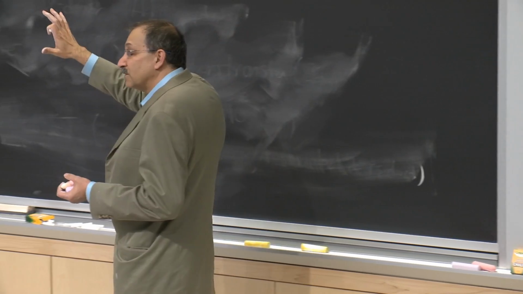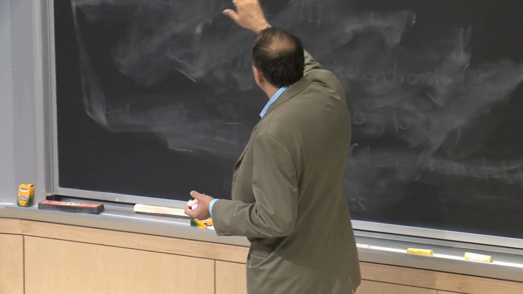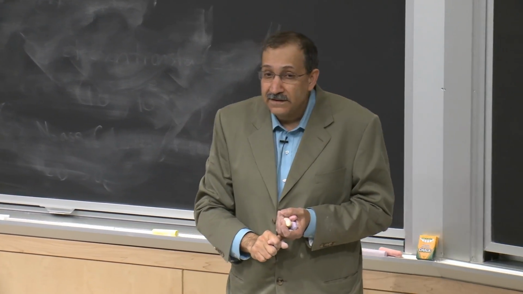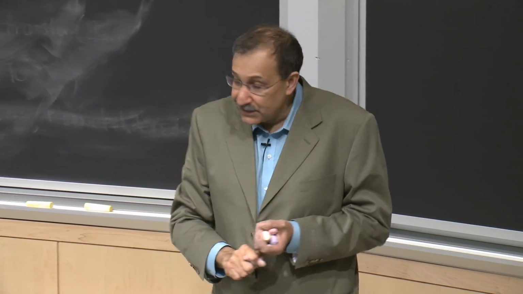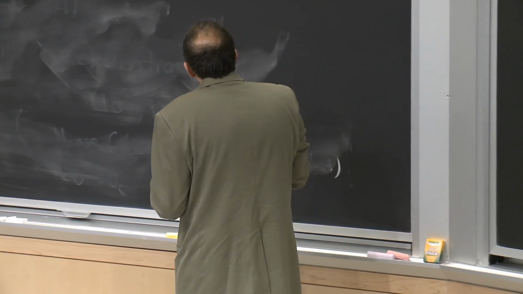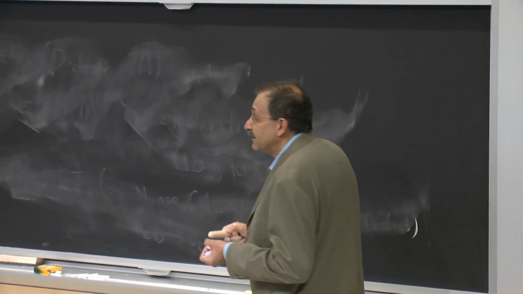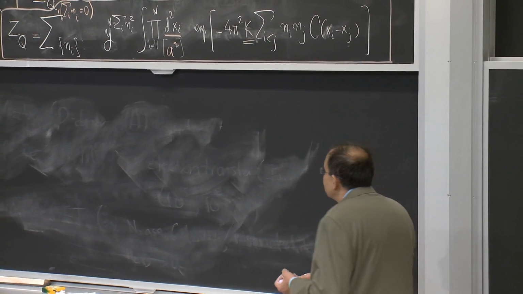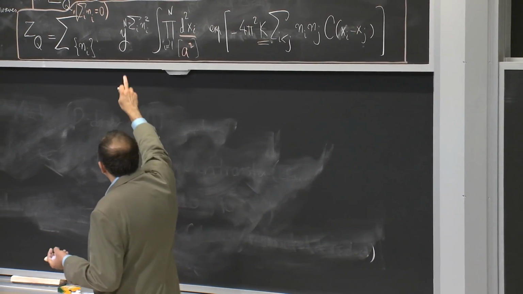So we thought we were solving the XY model. We ended up indeed with this grand canonical system, which is currently parameterized by two things. One is this K, which is the strength of the potential. The other is this y.